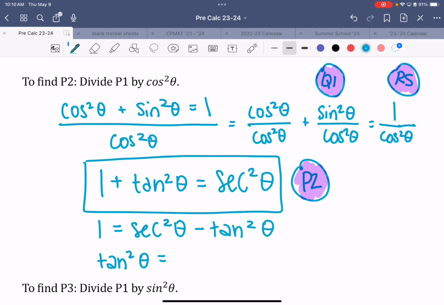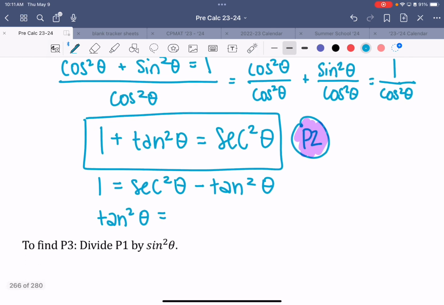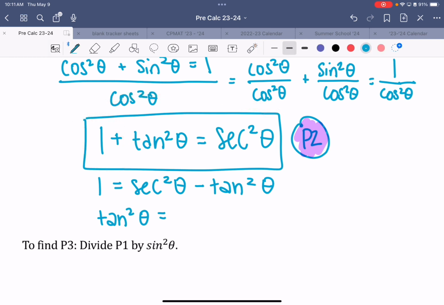And it would look like that. And then to get tangent by itself, I would move the 1. It's a positive 1, so I would subtract it from the secant squared, and that would get tangent by itself. And there are 3 forms.